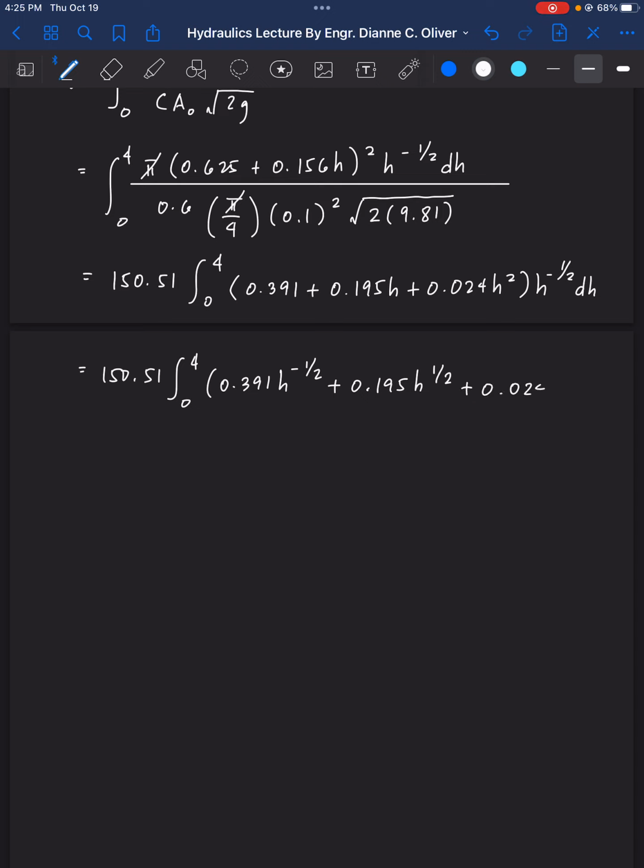So we can actually have the value of TF already here, if you have a good calculator. 150.51 times the integral of 0.391 x raised to negative 0.5, plus 0.195 x raised to 0.5, plus 0.024 x raised to 1.5, from 0 to 4.